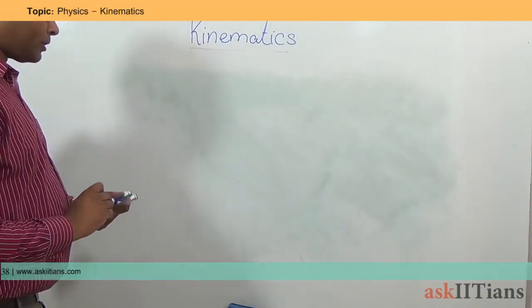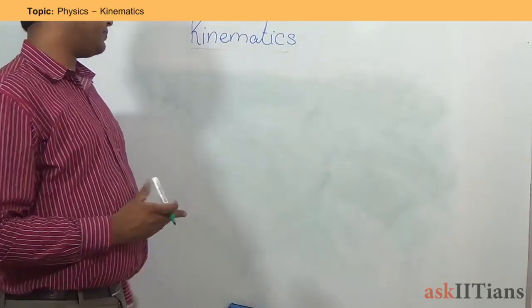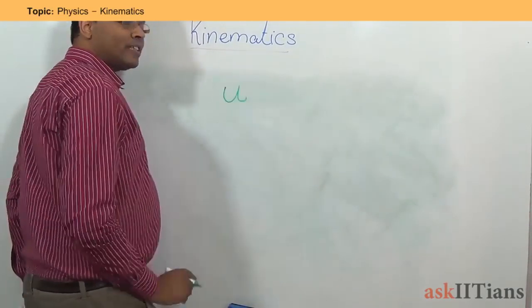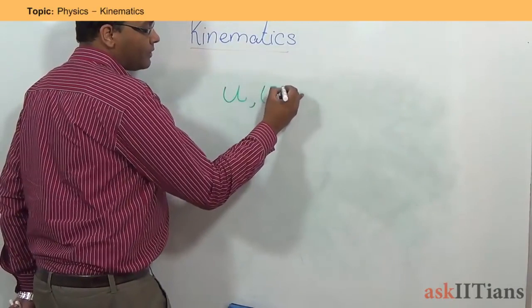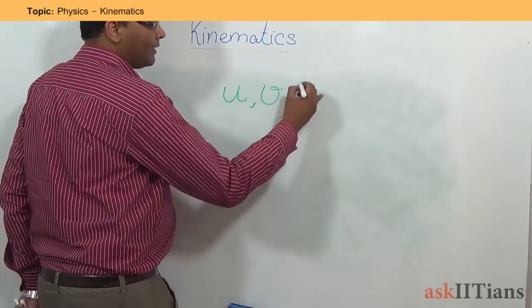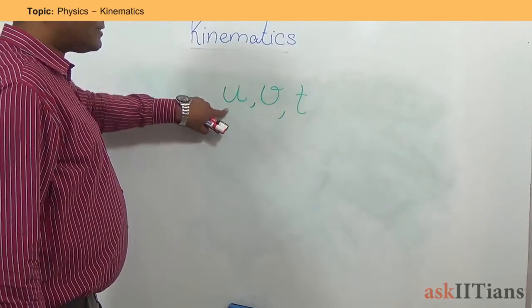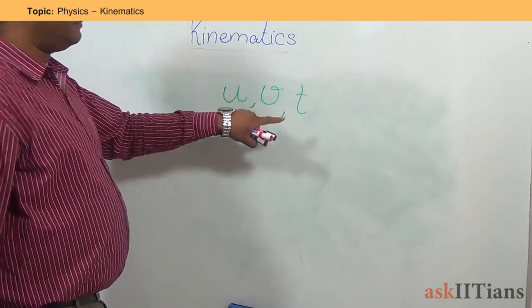Now we need to put these things into expressions. So what we have? Let's say that the body is starting off with an initial velocity u. After a particular interval of time, it acquires a final velocity v. Okay? So this is the initial velocity, this is the final velocity after a particular interval of time.